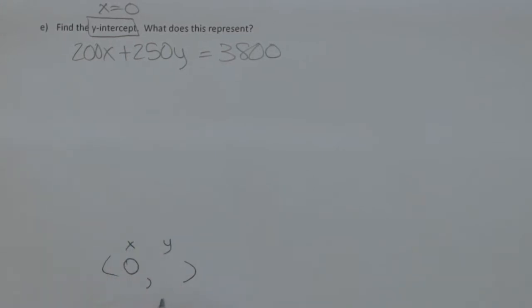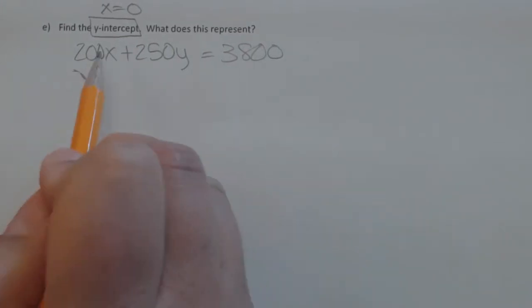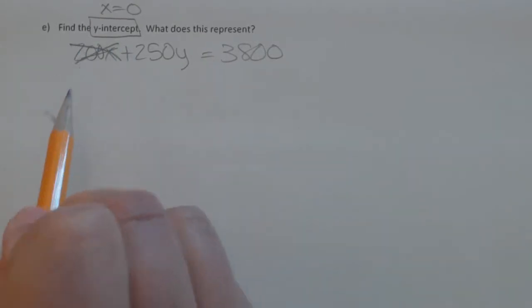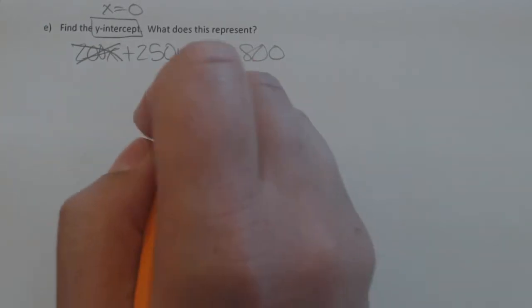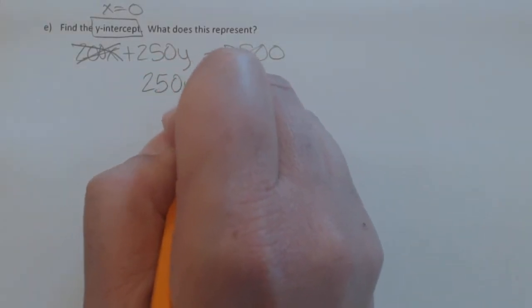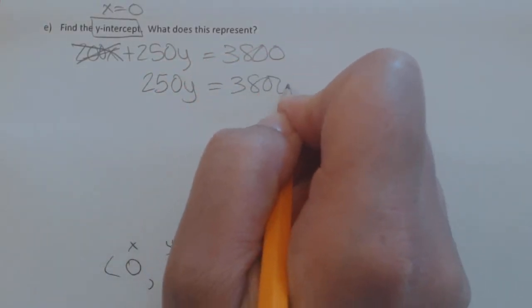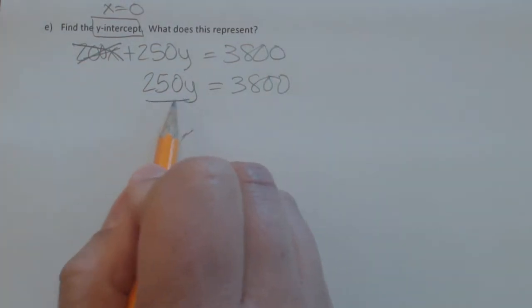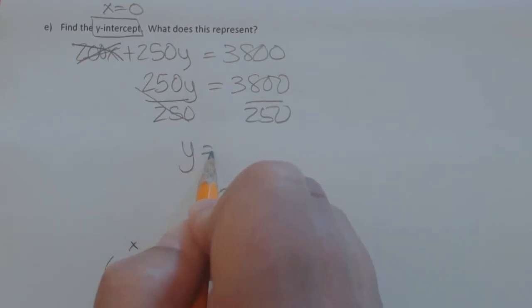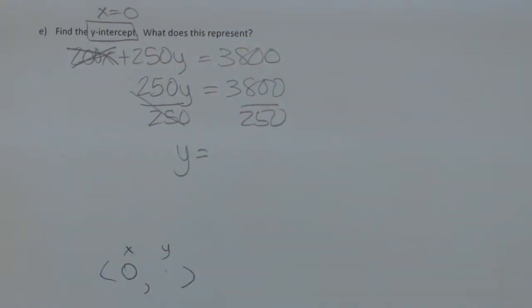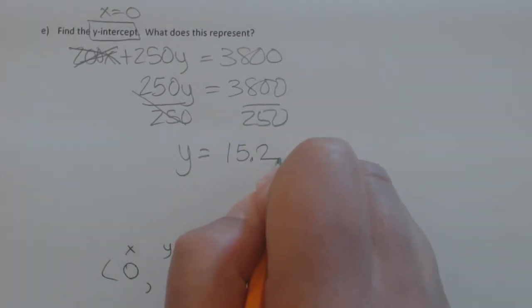My x is 0, so I know I'm going to be finding my y, which means when my x is 0 and I input 0, any number times 0 is 0, so I just can cross that out. I get 250y equals 3,800. Now my algebra, divide by 250. y is going to equal 3,800 divided by 250, and that gives me 15.2.